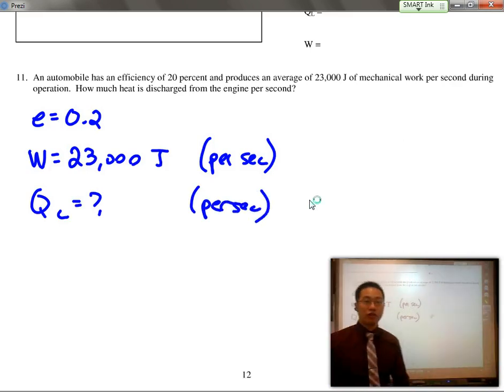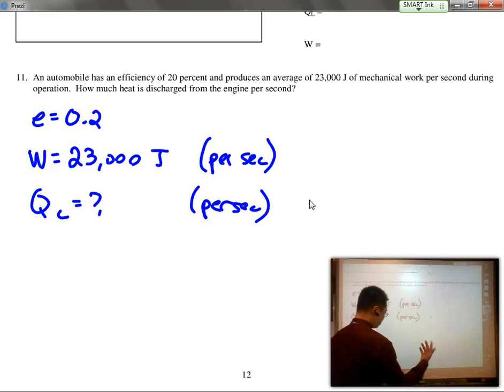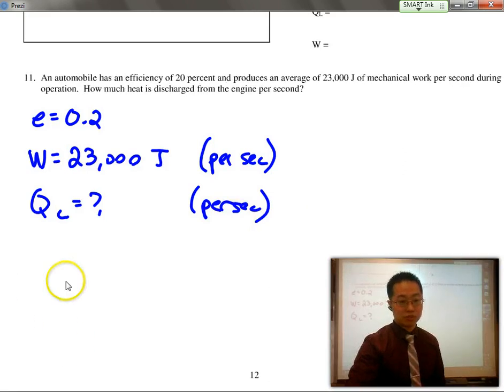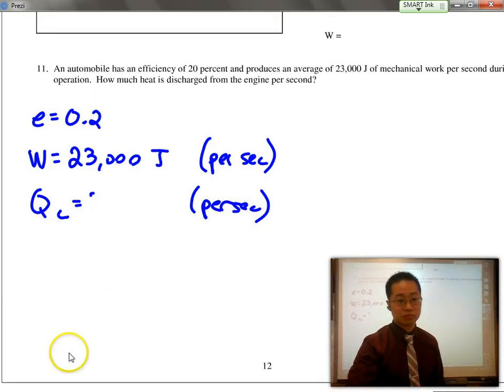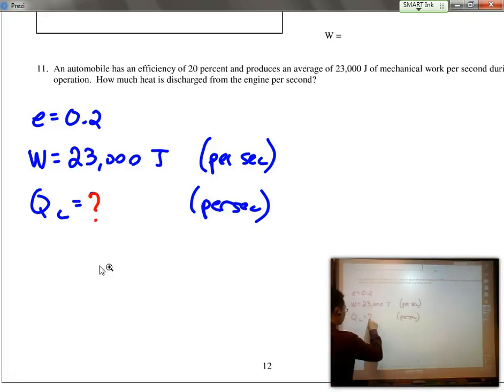Now, if you know efficiency, you know work, you can, of course, solve for QH. Efficiency is equal to work over QH. And right now, the smartboard is acting a little bit slow. So let's just pause this right now. Okay, so we know that efficiency is equal to work over QH.